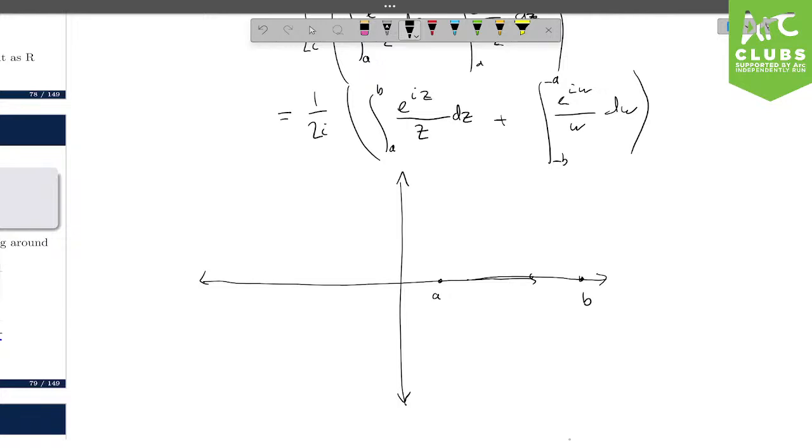The path from negative b to negative a would also be along the real line in this direction. And our function f of z has a singularity here, right? It's not holomorphic here at the origin because that's where the denominator equals 0, so we'll just mark that with an open point.